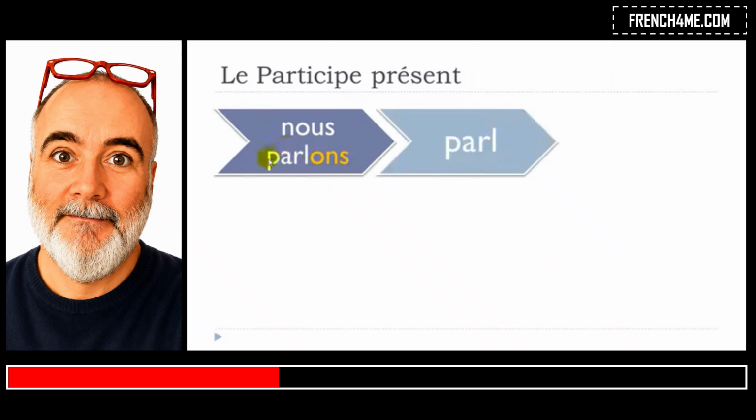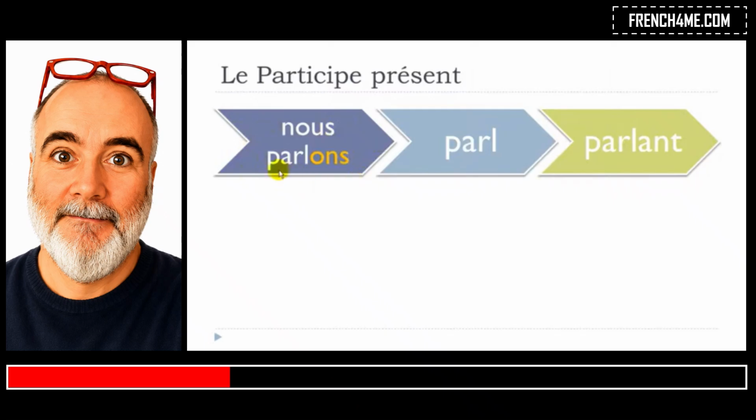So we keep this P-A-R-L part, and at the end we will add A-N-T. All right, so we get here this participe présent form. So remember, nous form at the present tense, then you spot the ending ONS, you take it away, you get parl like that, and then you just add this A-N-T at the end, and you will get this participe présent.